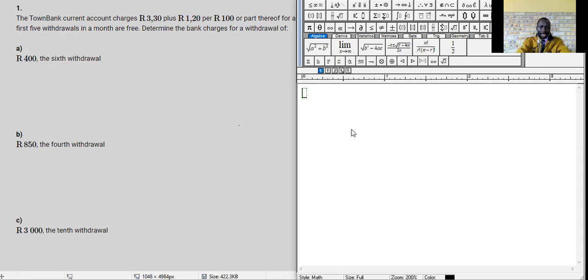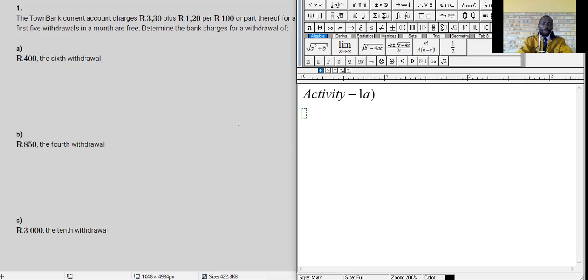So we would like to call this activity 1 part A, okay? Yes, activity 1 part A. They said the first 5 withdrawals are free, but this one is now the 6th withdrawal.